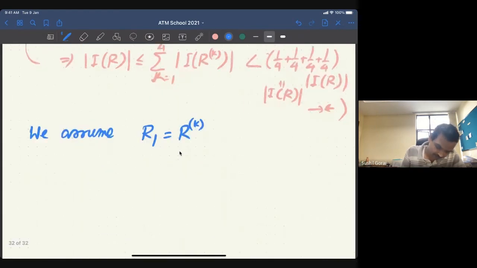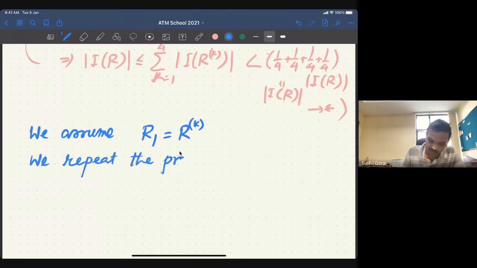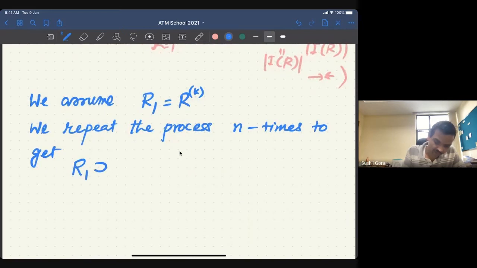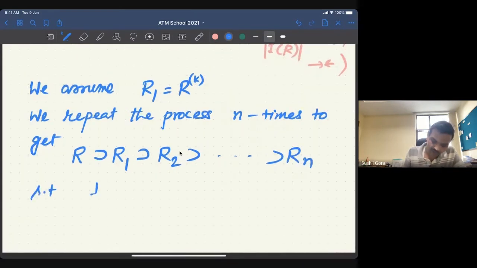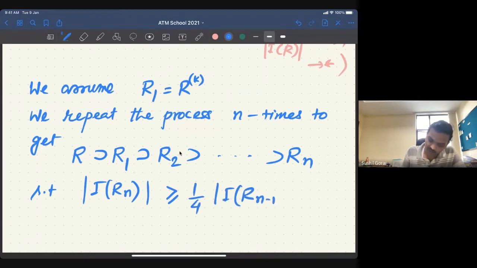Okay. Now we repeat the process. Repeat the process n times to get the rectangles, so R contains R1, R2, and so on up to Rn, such that the modulus of I_Rn will be greater than or equal to 1/4 of I_R(n-1), and so on.